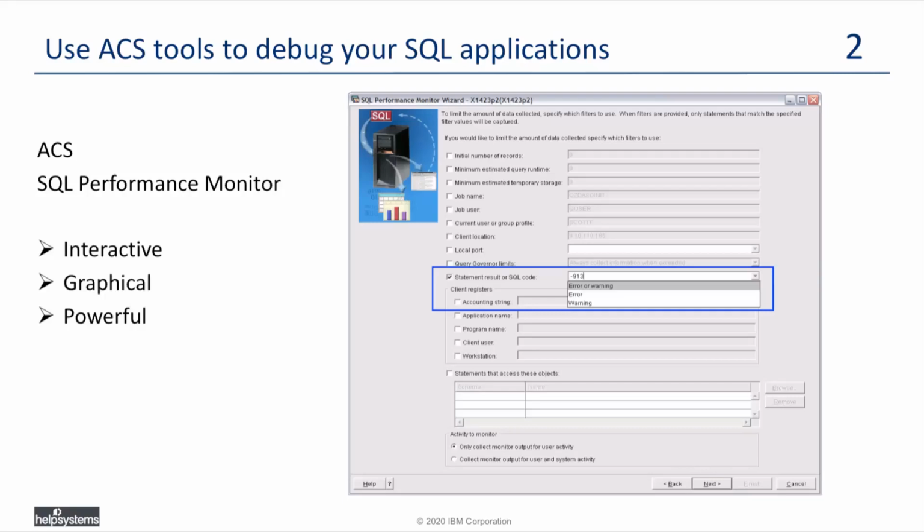Now, I've chosen a special one for us, the SQL code. So the SQL code is the result of the SQL statements, where 0 is unqualified success, negative is an error, and positive is a warning. In this case, I'm typing in a value, negative 913 or 913. That SQL code corresponds to my SQL statement failed because I was unable to get the lock I needed.